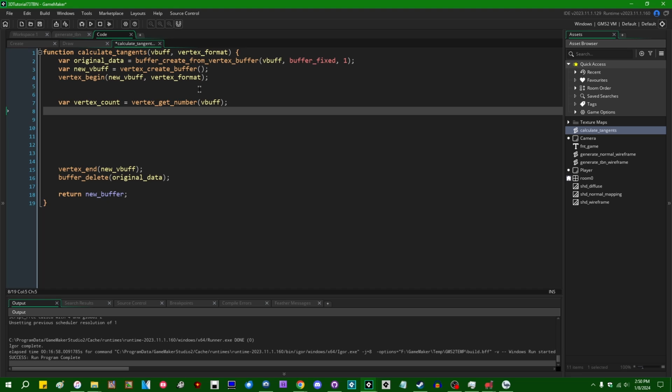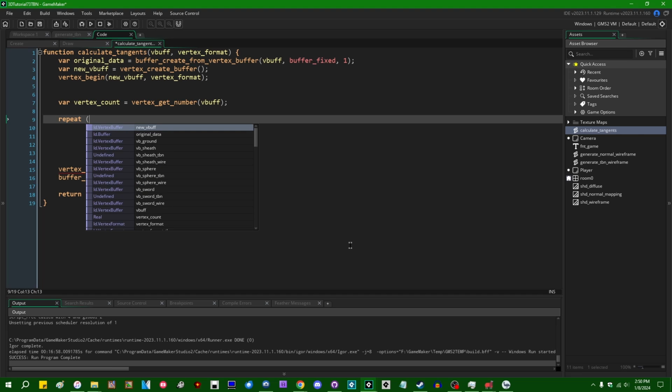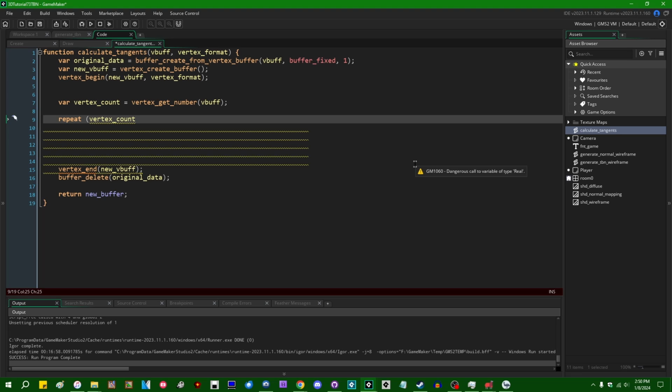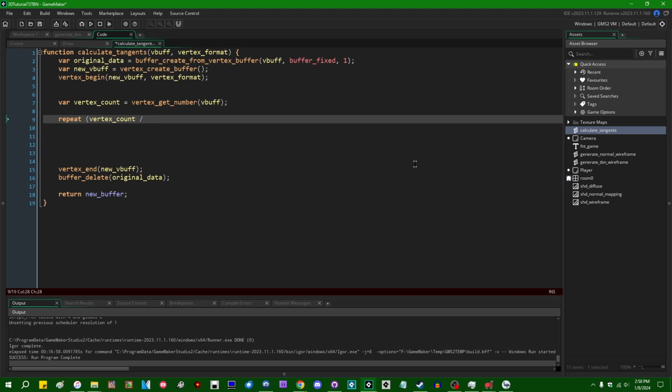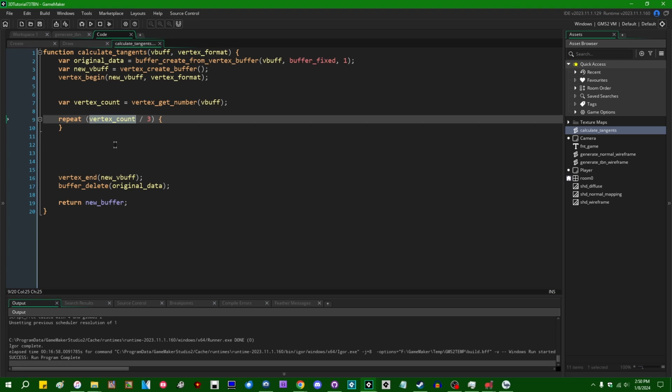Next, we're going to need to iterate over this list of vertex information. You can do that any number of ways. You can use a for loop, a while loop, or a repeat loop. I'm just going to use a repeat loop because it's easy and because we don't need to keep track of an index position or anything like that. I'm actually not going to loop over this vertex by vertex, but triangle by triangle, which means I'm going to have to divide vertex count by 3.